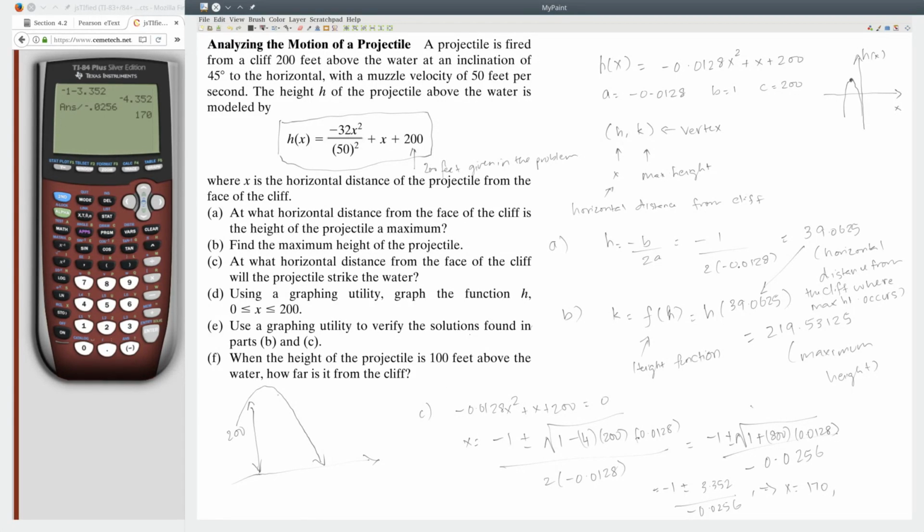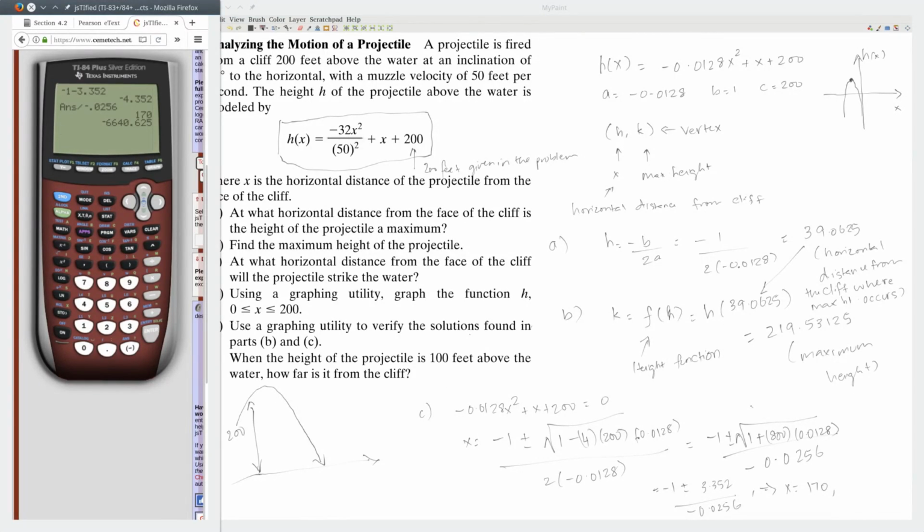And if we use the other case, which is minus 1 plus 3.352 divided by minus 0.0256, we'll end up getting negative 91.875.